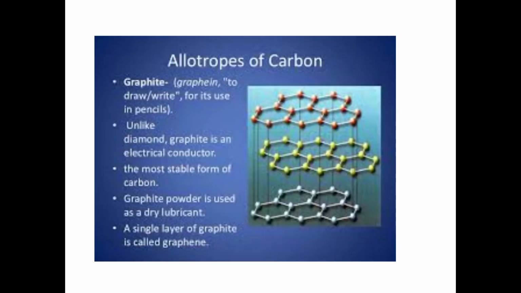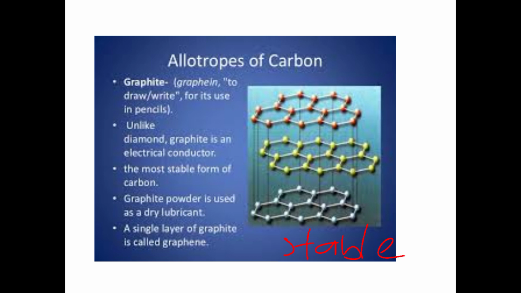Next one is graphite. In pencils we are using graphite. It is a good conductor of heat and electricity. It is the thermodynamically most stable allotrope of carbon.